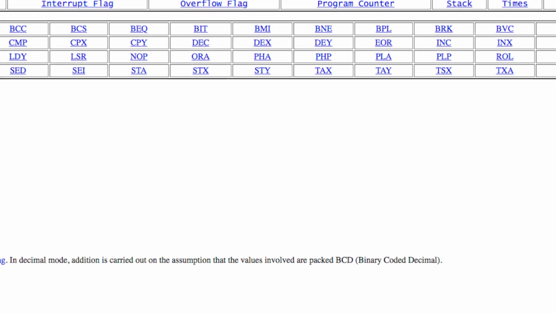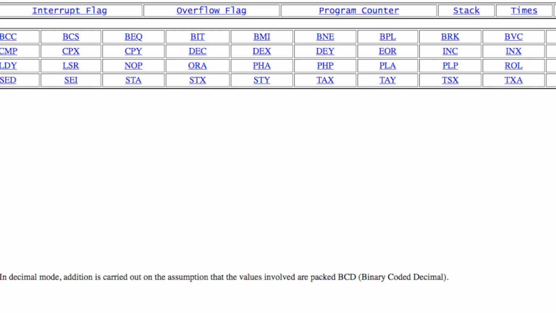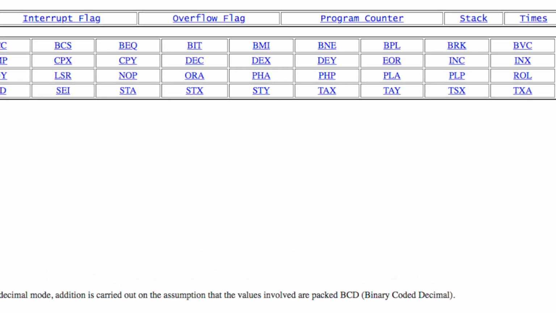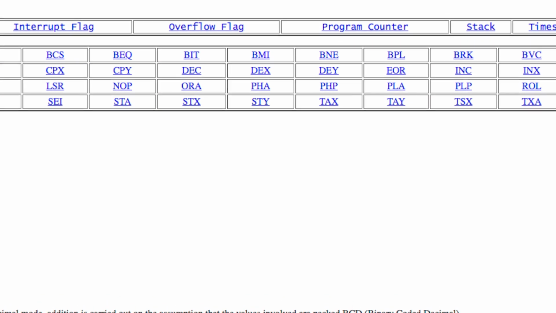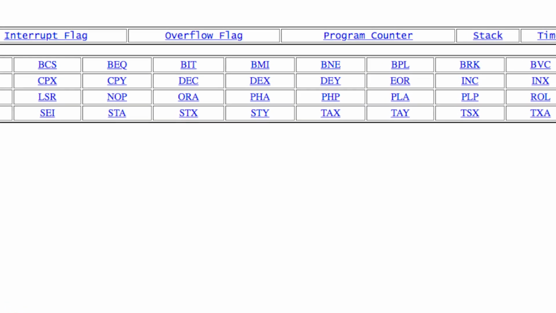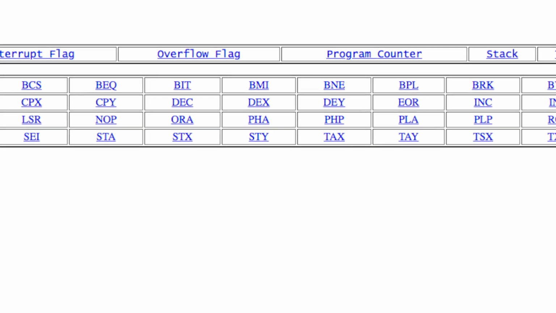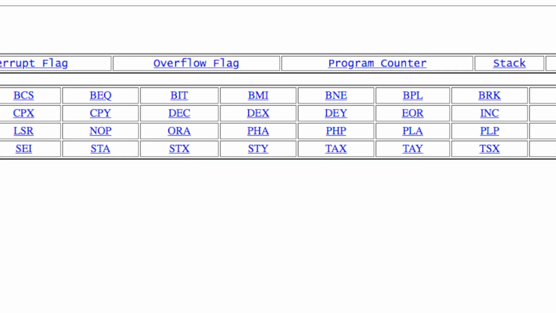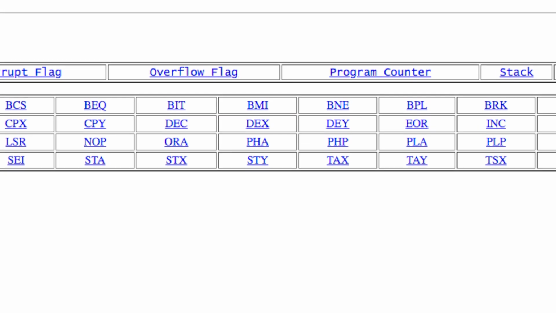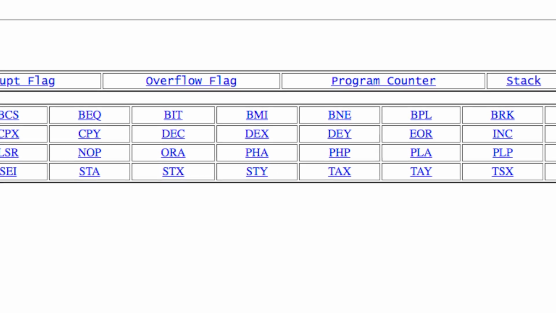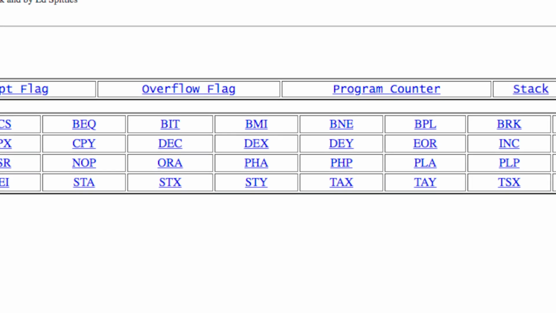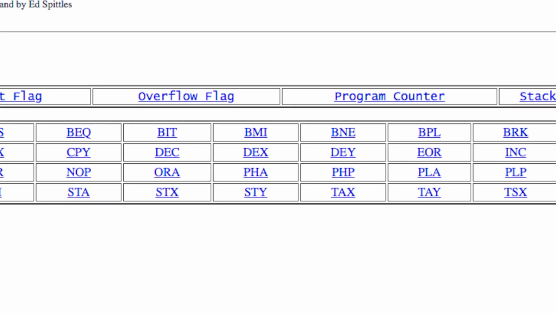And unlike other platforms, where you might be writing code in C or C++ or some other higher level language, when you're writing 6502 assembly language, there's no operating system, there's no driver layer, there's nothing insulating you from the hardware. You're writing code that's going to execute directly on the 6502, and therefore you have to understand exactly how it works.